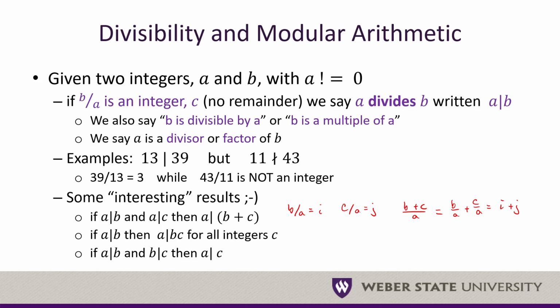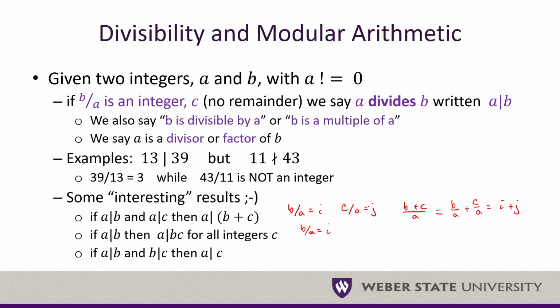And then if A divides B and B divides C, then A divides C. Let's go ahead and, since I did it for the first one, do it for the other ones. So this means B divided by A is equal to, let's say, I again.